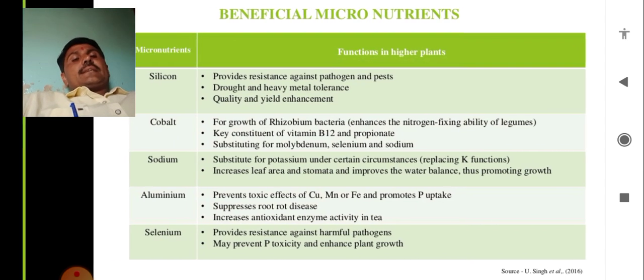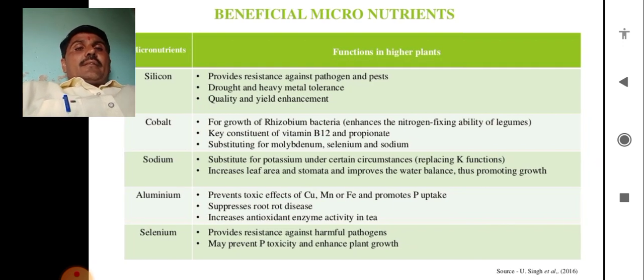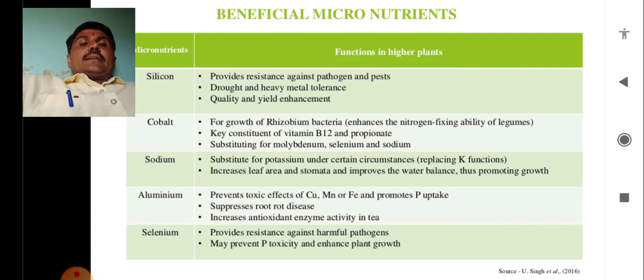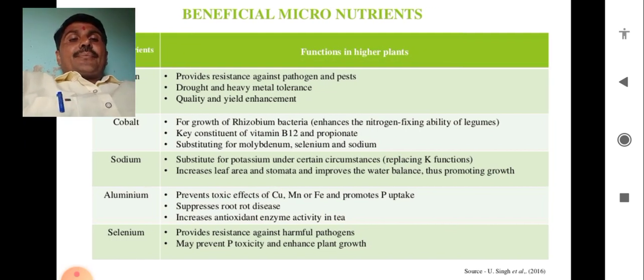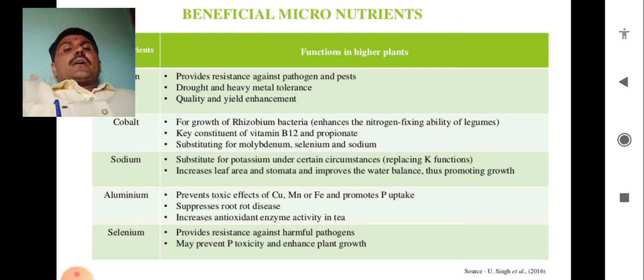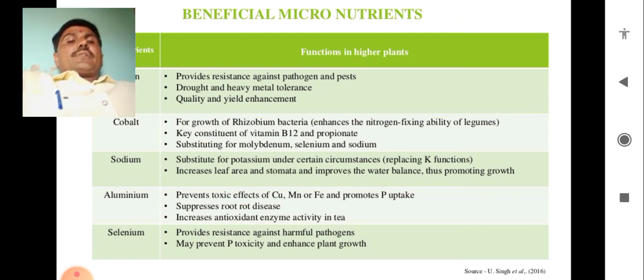Please note down all these things on this slide and see how cobalt, sodium, aluminum, and selenium are also required for the growth of the plant.